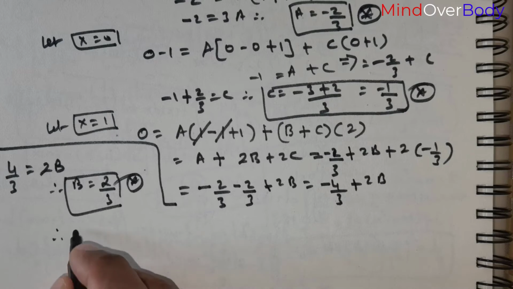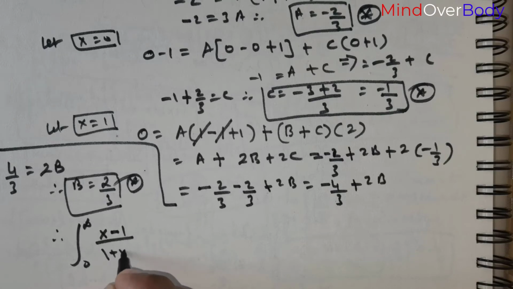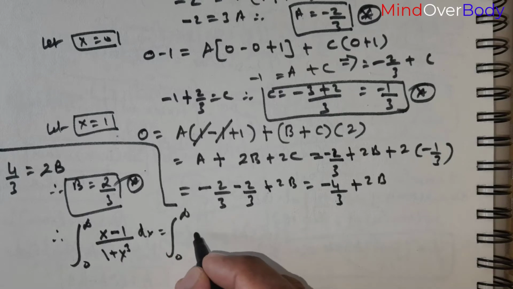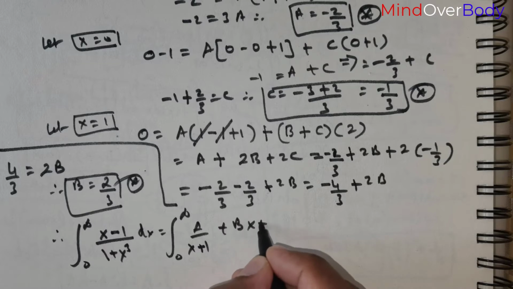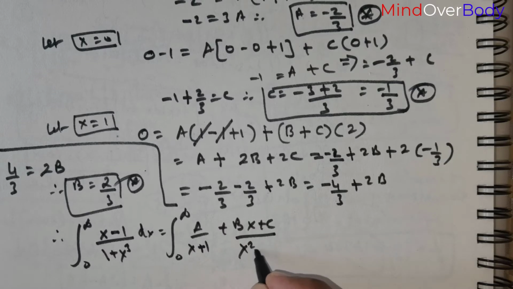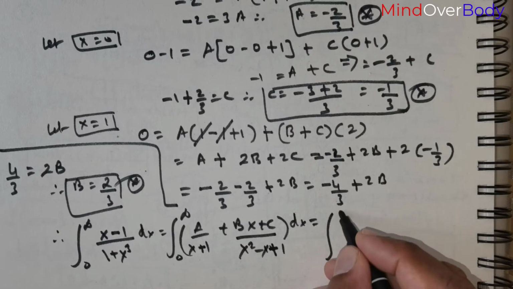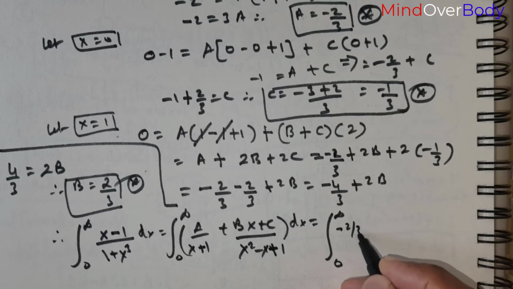So therefore integral 0 to infinity, we started with this (x negative 1) divided by (1 positive x cubed) times dx was rewritten as integral 0 to infinity of A over (x positive 1) positive (Bx positive C) divided by (x squared negative x positive 1) times the dx, which is now equal to integral 0 to infinity. The value of A is negative 2 over 3 divided by x positive 1.